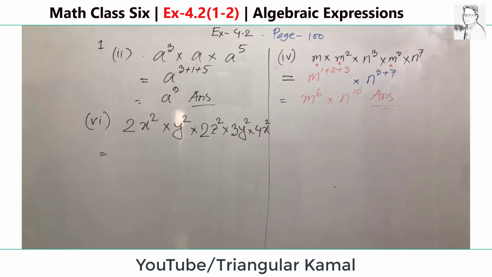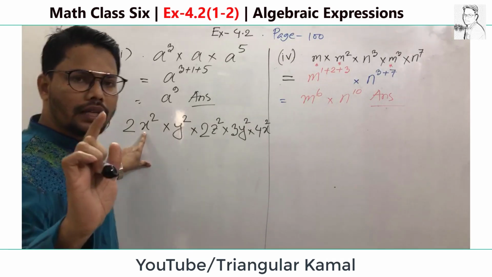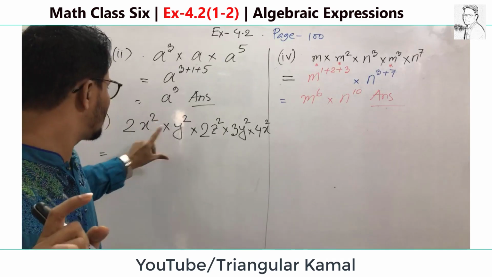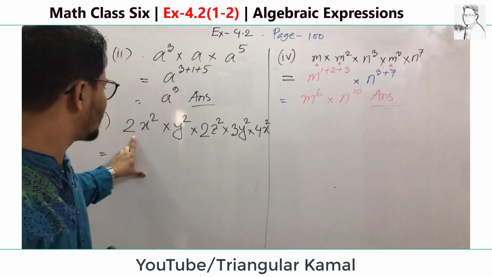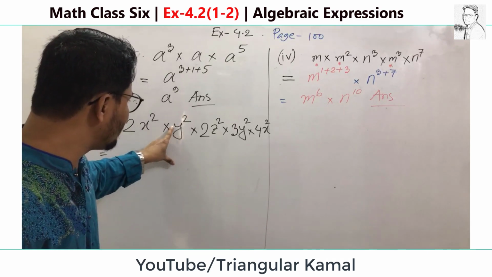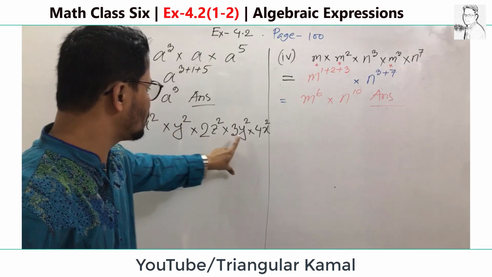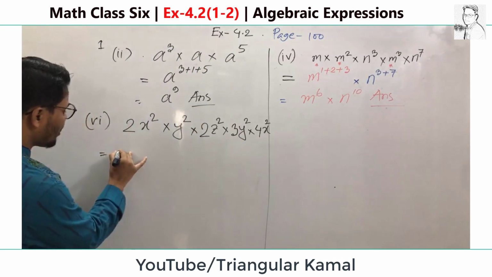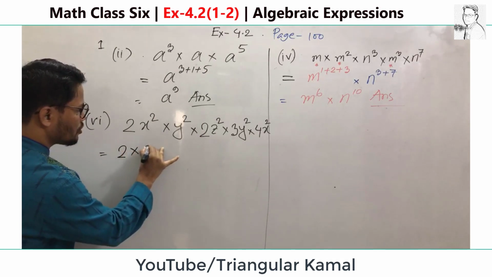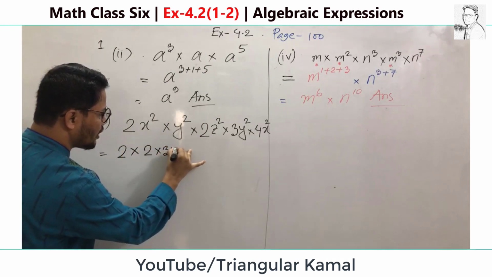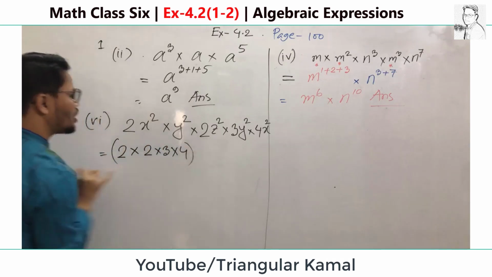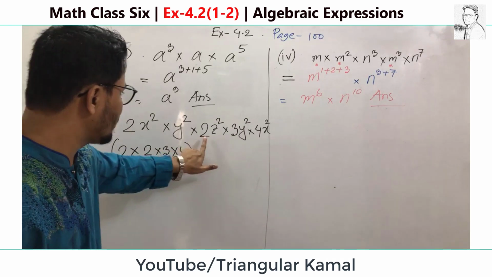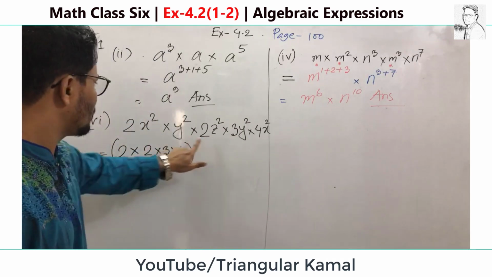My dear students, there is base x and the index is 2 and the coefficient is also 2. The coefficient of y is invisible 1, there is the coefficient 2, the coefficient 3 and the coefficient 4. First multiply all coefficients 2, 3 and 4. There is invisible 1, so no need to multiply. 2, 2, 3, 4, they are all coefficients.